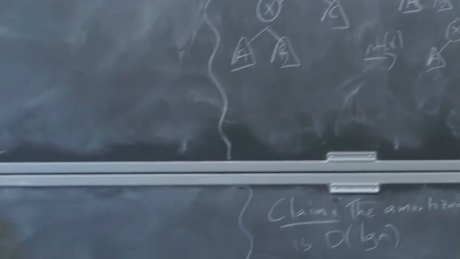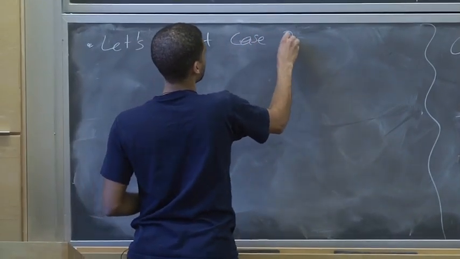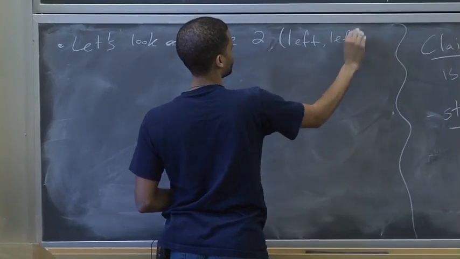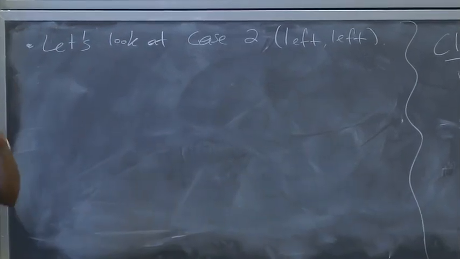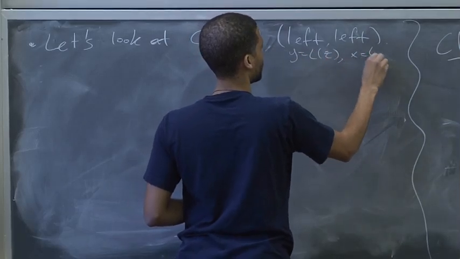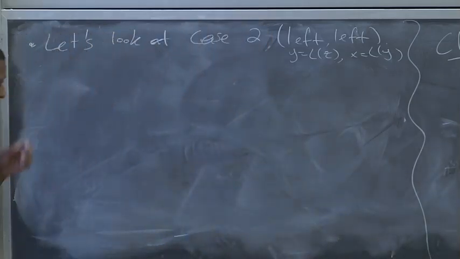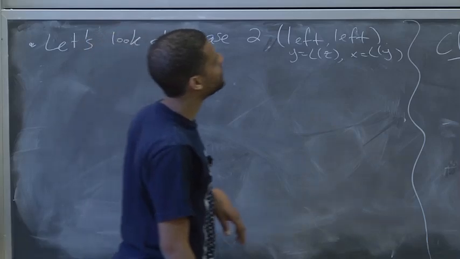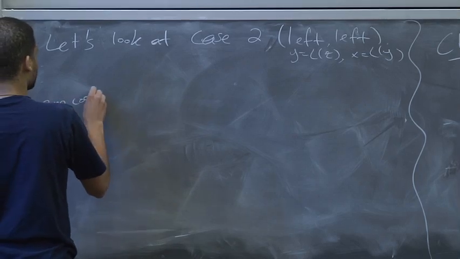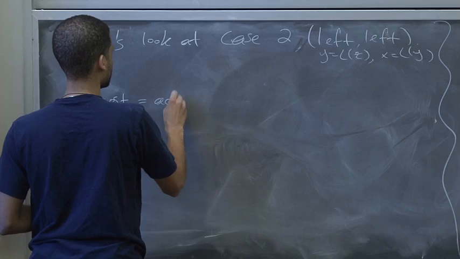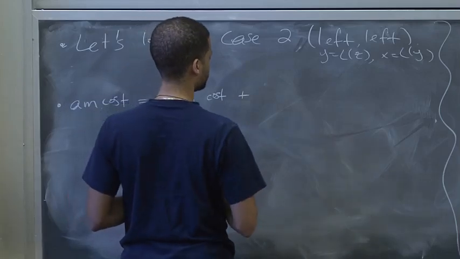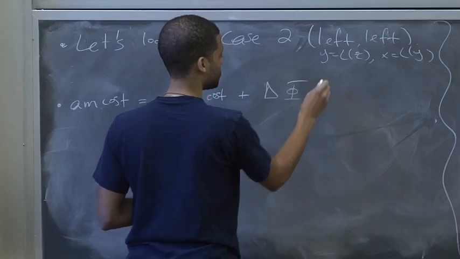Let's look at case 2 going left, left. So that picture up there. I mean, y is left of z, and x is left of y. Now, remember, the amortized cost, the definition we gave, is the actual cost plus the difference in potential.